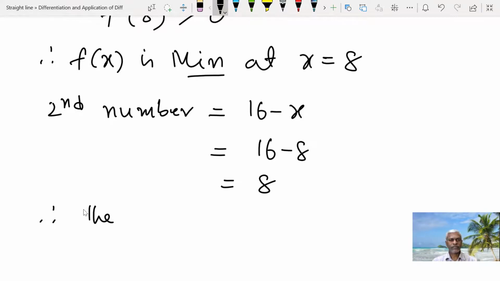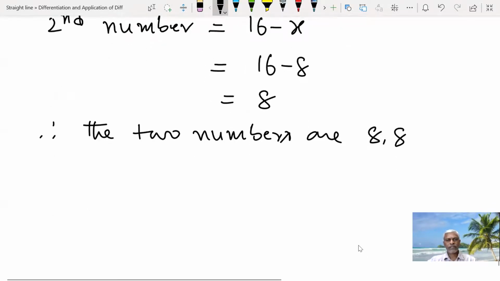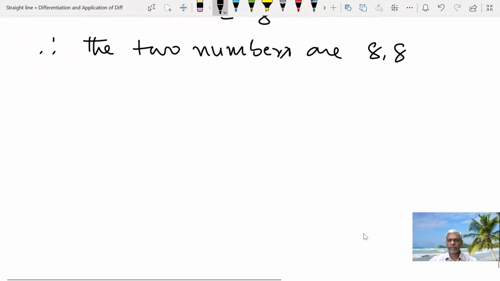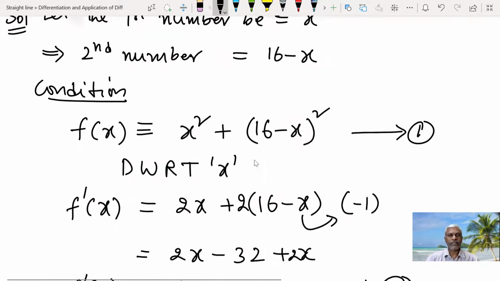Therefore, the two numbers are 8 and 8, so that the sum is 16 and the sum of the squares of the numbers is minimum. Both the problems are similar, just one number is different.